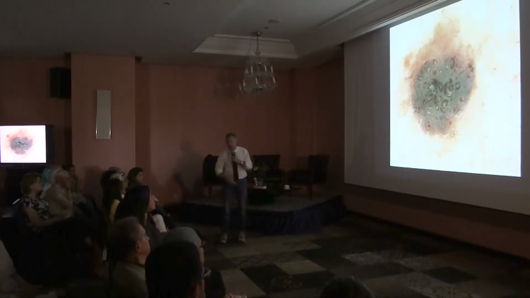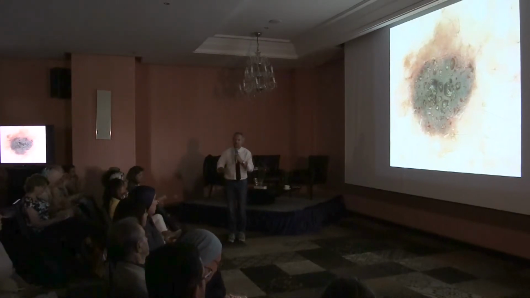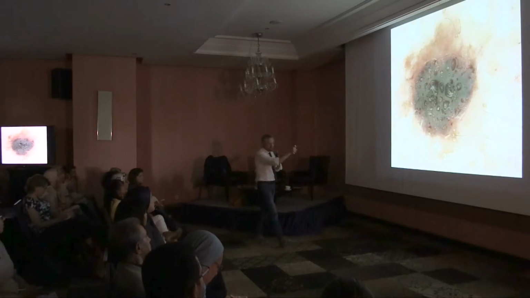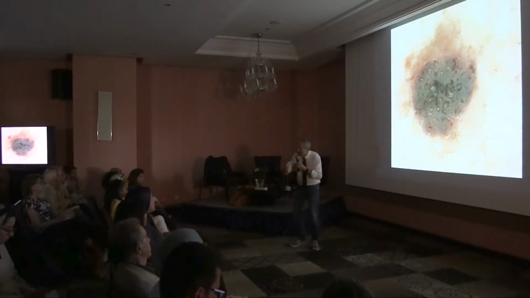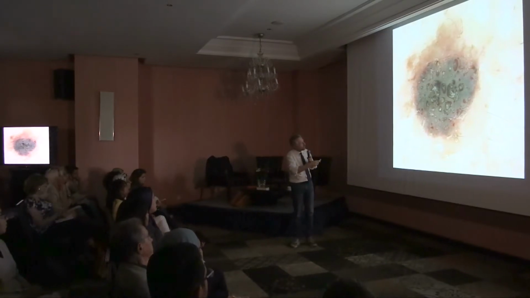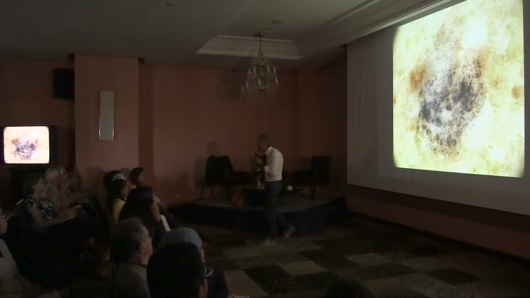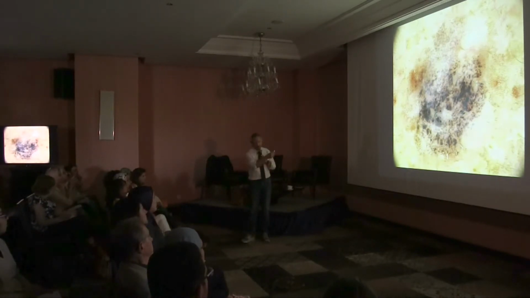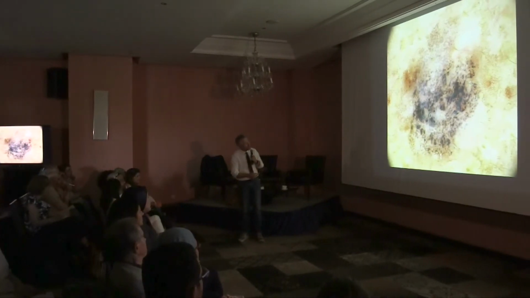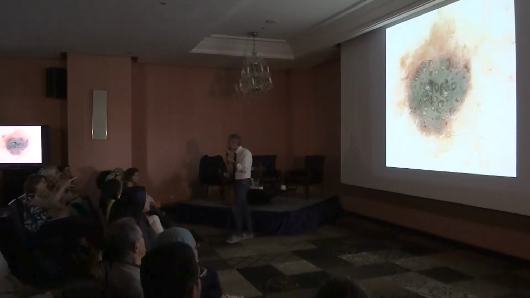Tell me first, what is number 2? Seborrheic keratosis, perfect. This seborrheic keratosis is the lesion which was there before, then it was going like this. This is when we excise the lesion, and this is when, 1 year before, it was a seborrheic keratosis.